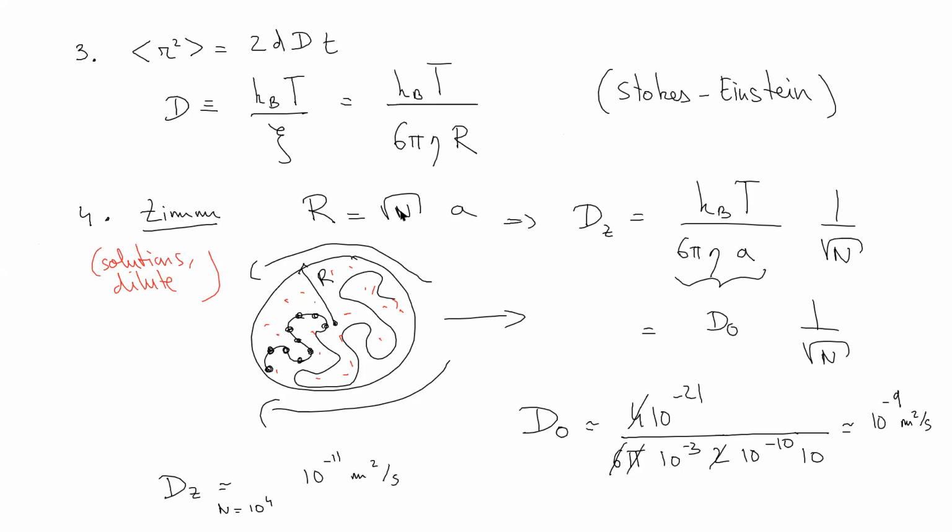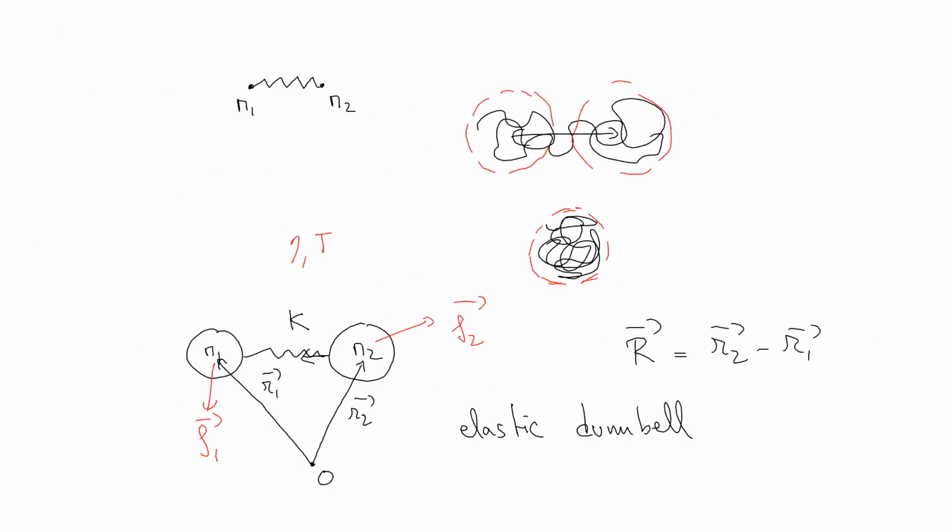So I took square root of n times the size of a monomer. Well, this is only valid in the ideal situation, not in a realistic chain. So I first want now to refine this picture and redo the Zimm case, but for a proper athermal solution.